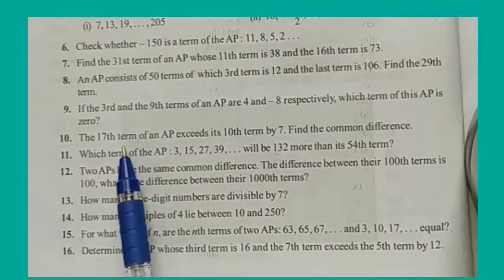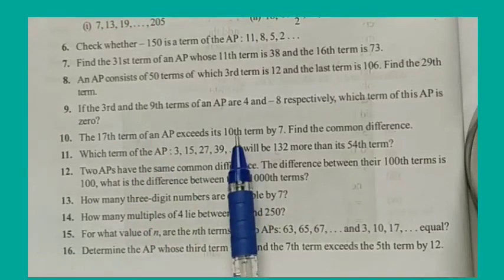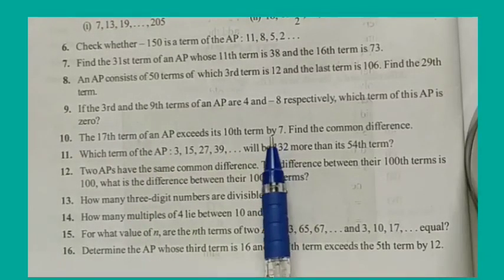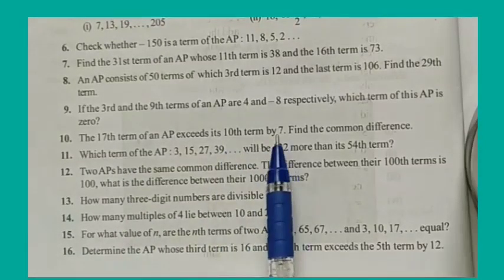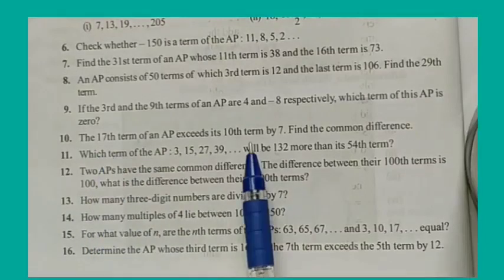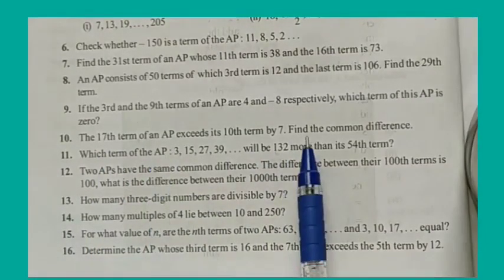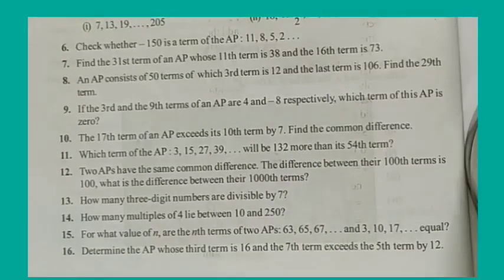So here they have given one relationship: the 17th term will be equal to the 10th term plus 7. Exceeds means extra. So if you add 7 to the 10th term, you will get the 17th. So let's do it and with the calculation we have to find the common difference.